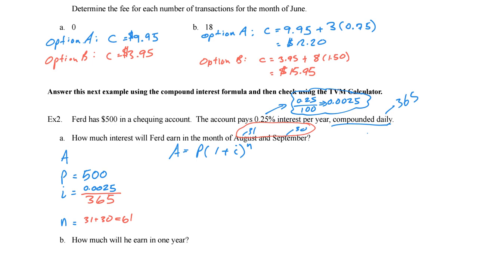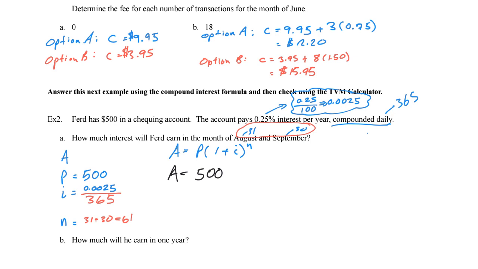Now, what we have to do in order to get the exact amount, to get exactly what we're owed, is we just have to substitute directly in. So we end up with A is equal to 500. And you'll notice that I didn't go and convert this into a decimal. Okay? If I convert this into a decimal, I'll have a rounding error.